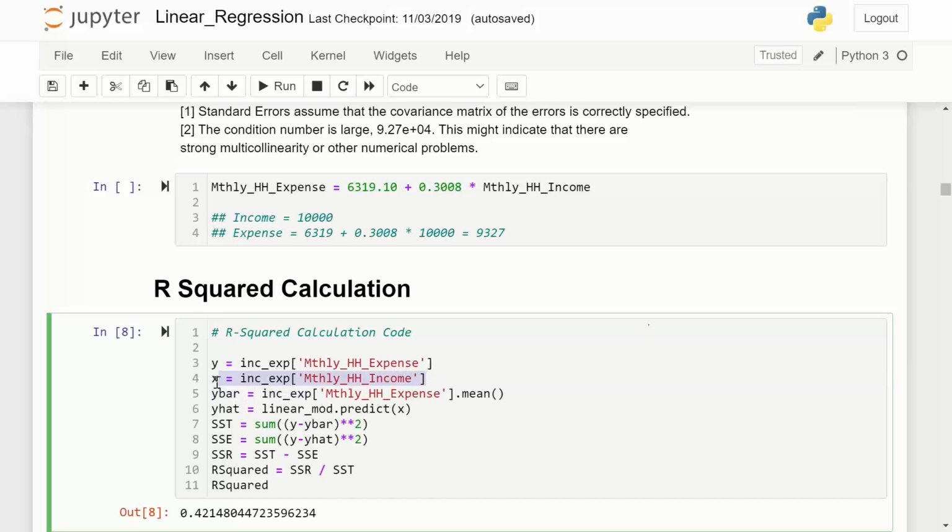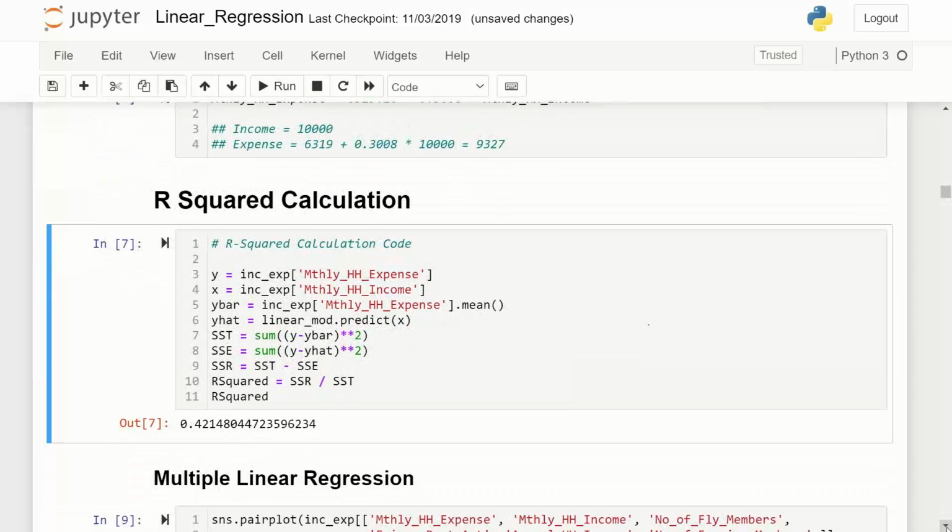I'm capturing the monthly income as an X variable. Y bar I'm computing. I am using the linear model, the model which we created. Using a predict function for each observation of X, I'm predicting the Y. I capture it as Y hat. Sum of squared total, sum of squared error, sum of squared regression. R squared is equal to sum of squared regression divided by total. Control enter, and I get the value 0.421.